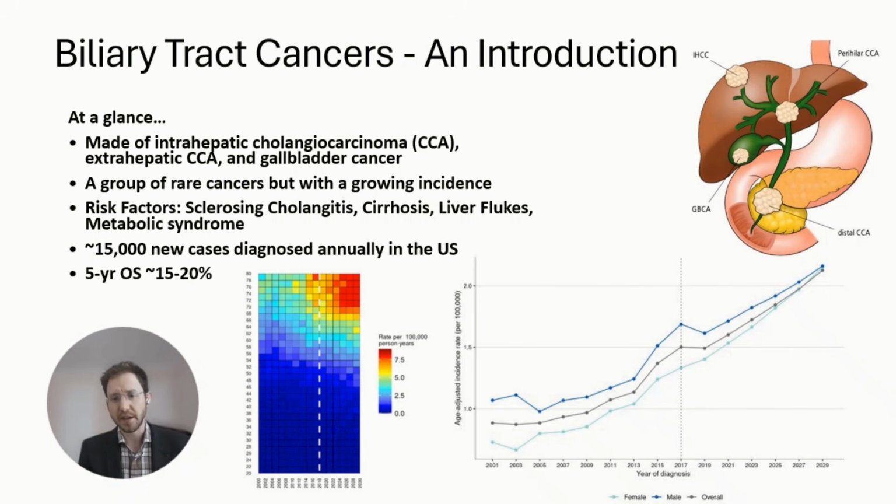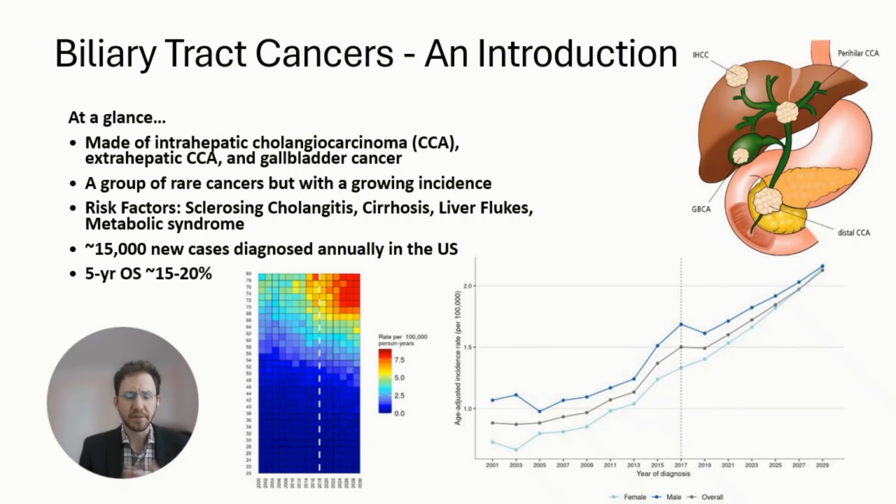And finally, gallbladder cancer, also grouped with that diagnosis. Overall, these are rare cancers in the US, but they have a growing incidence. Risk factors include primary sclerosing cholangitis, cirrhosis, liver flukes, metabolic syndrome.